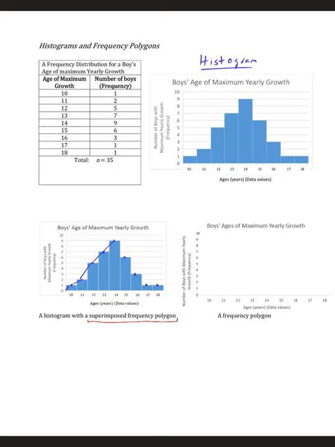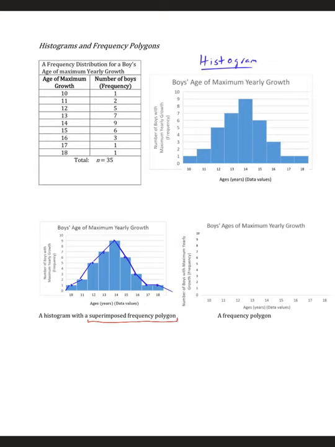Don't try to connect them all into one line, even though it might look like they can connect that way. And then we can just end this one down here. So what we created there is the superimposed frequency polygon.